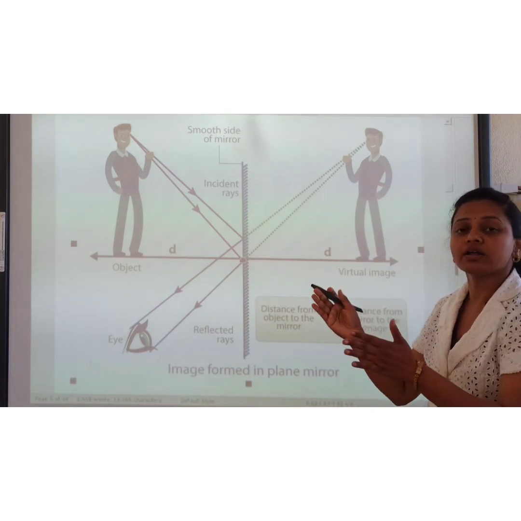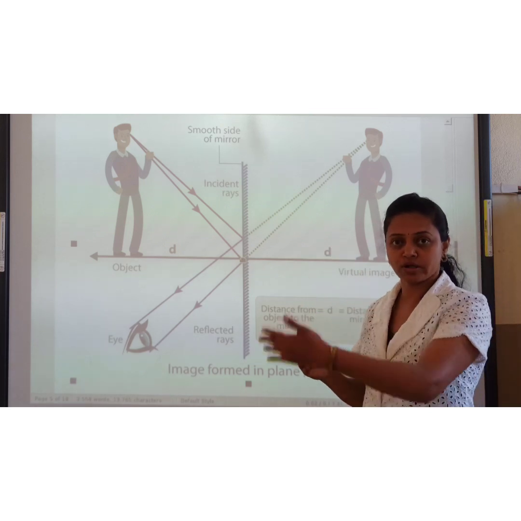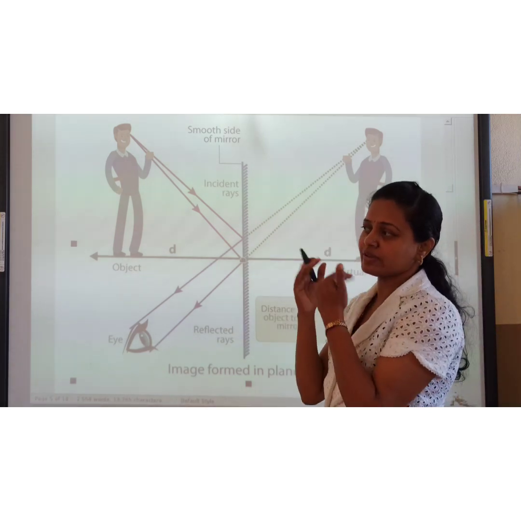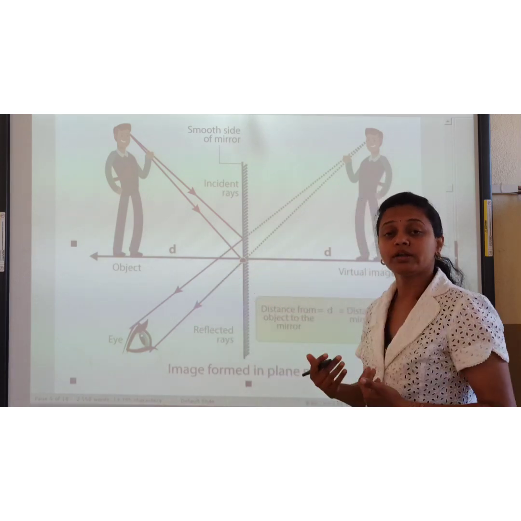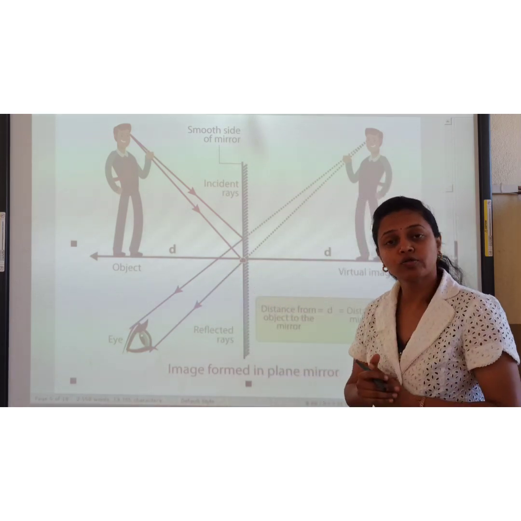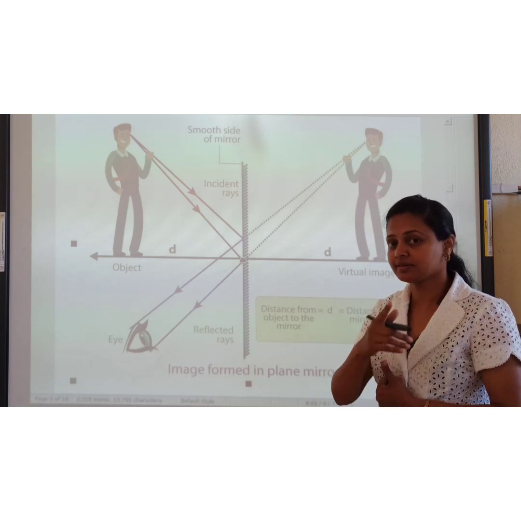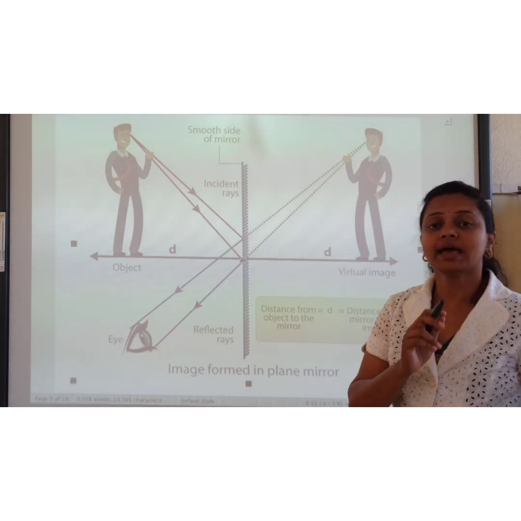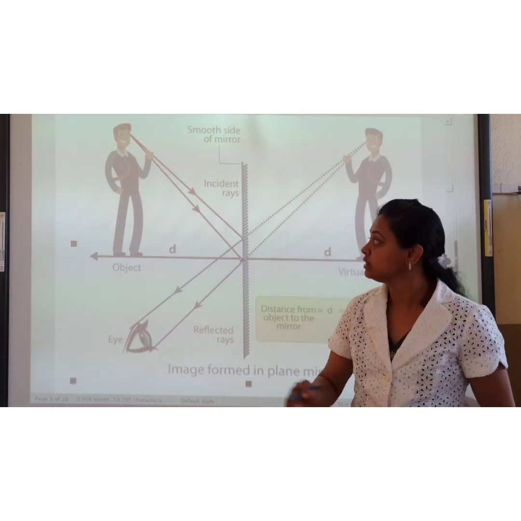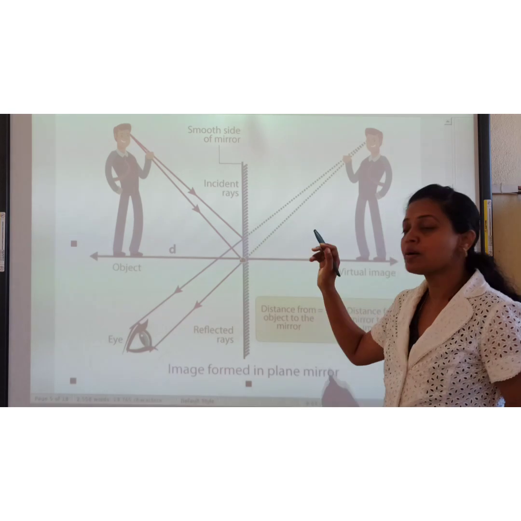So however far we stand from the smooth polished mirror, we will get the exact image of the human or object in the plane mirror. Is it clear to you? Please note this picture in your diagram, and don't forget this image formation in plane mirror.